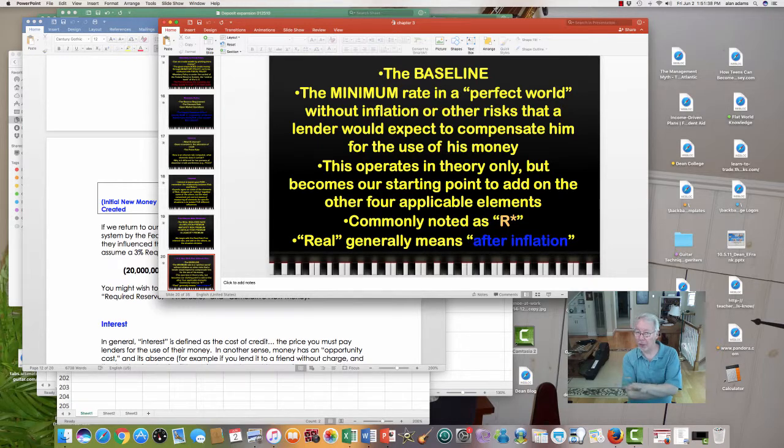Now, there is no inflation. It's a perfect world. So this is going to be a very, very, very low nominal rate, okay? The real risk-free rate is noted as R asterisk or R star. And whenever you see the word real, it means after inflation. There is no inflation, okay?